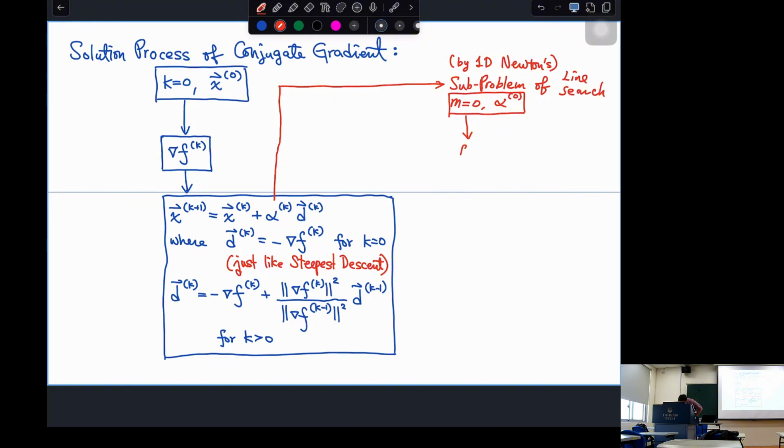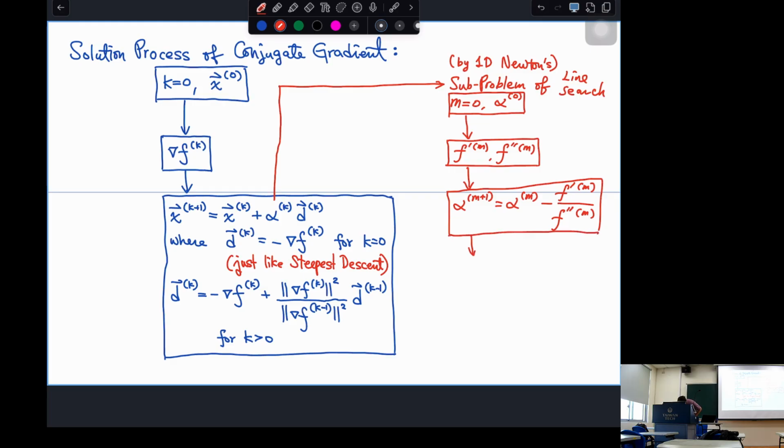Then I need f prime of m and f double prime of m. I need these two, and then alpha m plus 1 equals alpha m minus f prime of m over f double prime of m. That's Newton's method.